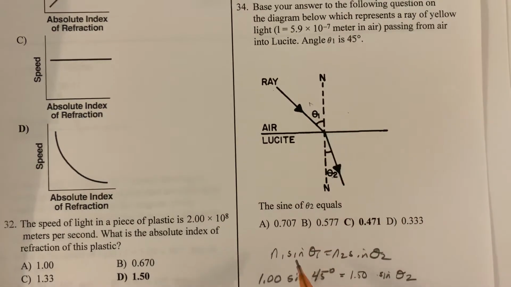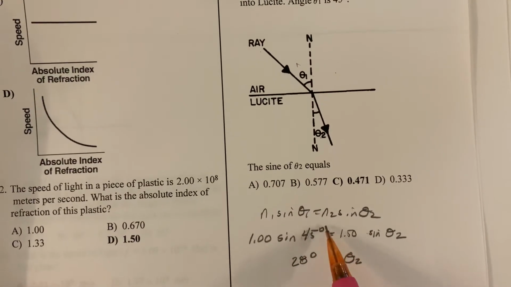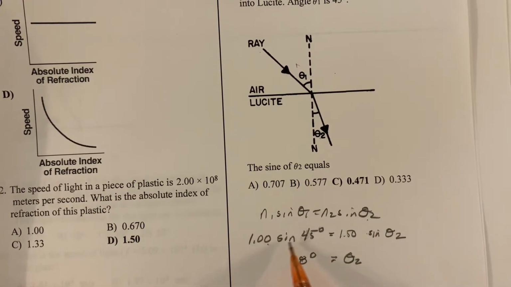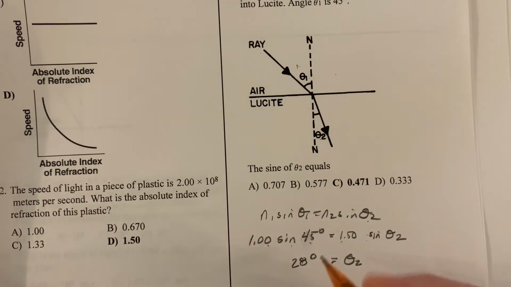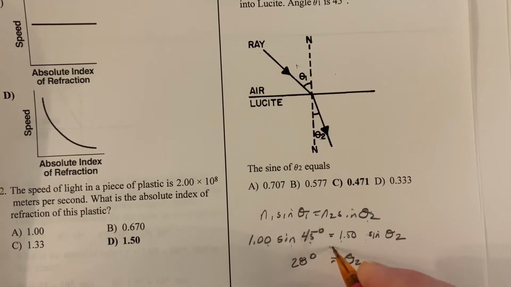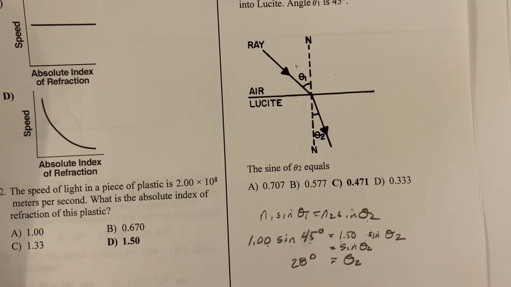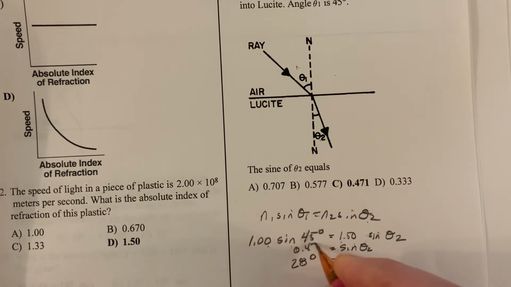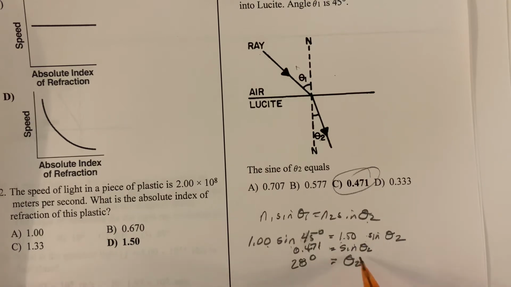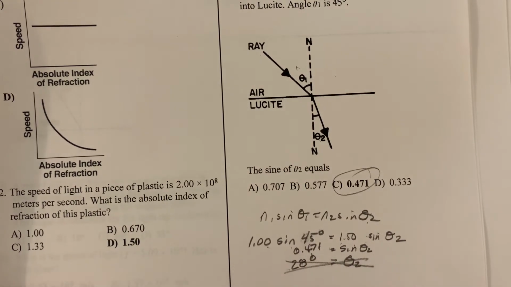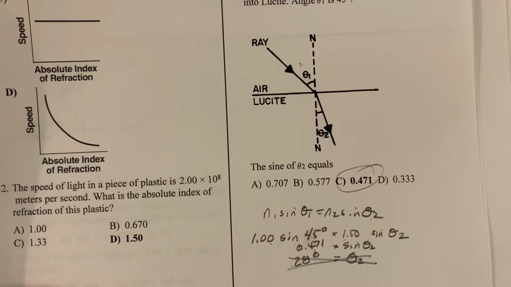All right, so it's n1 sine theta 1 equals n2 sine theta 2. 1 times the sine of 45 equals 1.5 times the sine of theta 2. So that means my sine of theta 2 is going to turn out to be about 0.471. Now, if you arc sine it, you get 28 degrees, but we really don't need that. We just needed this. And that's it, people.